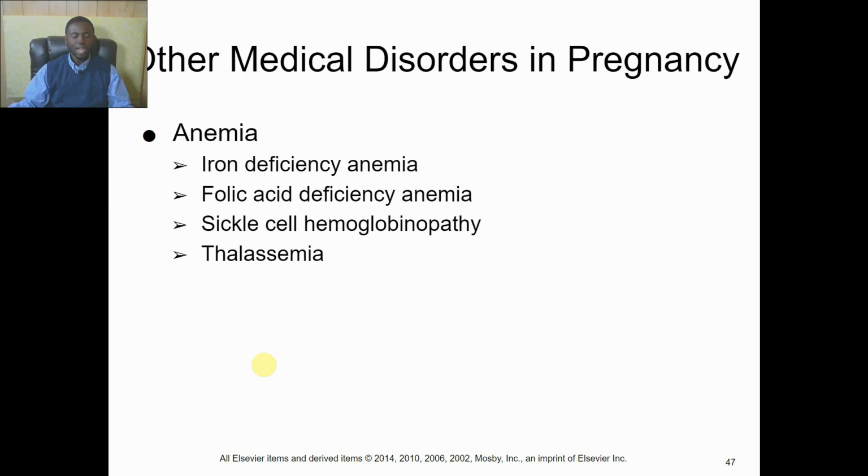Remember, we talked about pica, the craving for non-food items, which will mean that the client is less nourished, and also sometimes can be caused by folic acid deficiency. So we will have to educate clients of childbearing age to take folic acid supplements, because folic acid also contributes to proper fetal development, and deficiencies may cause neural tube defects. So we want to educate the client to increase their folic acid intake.